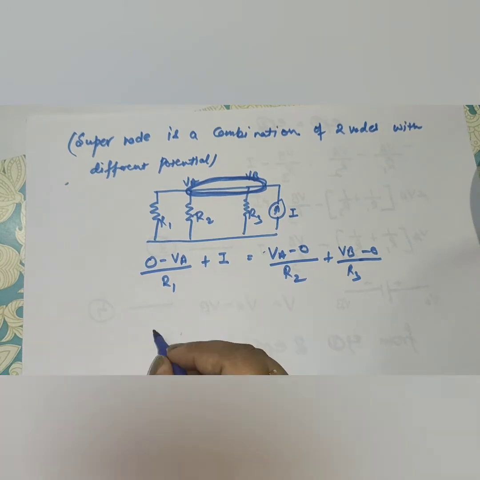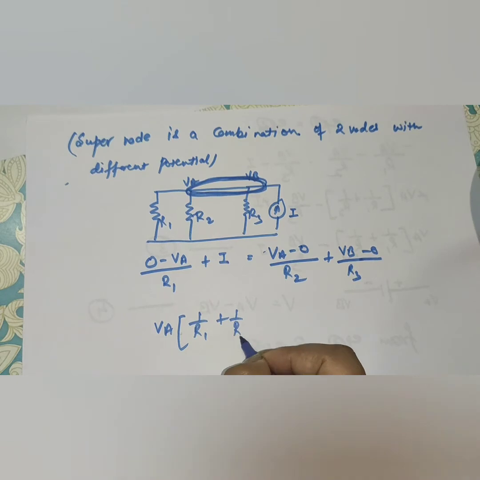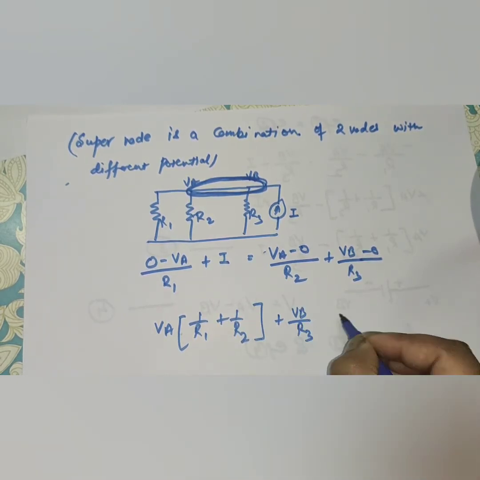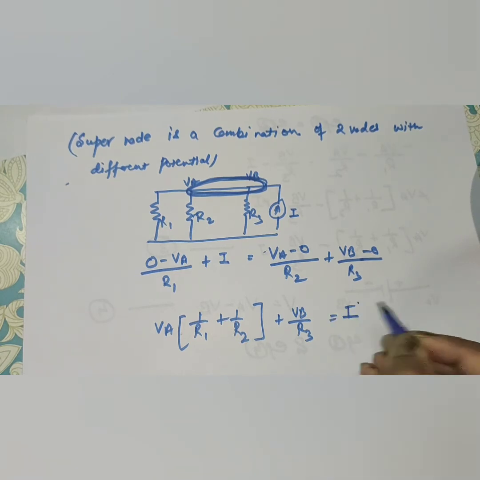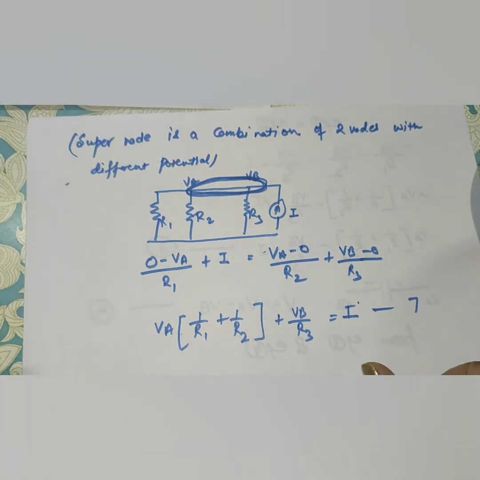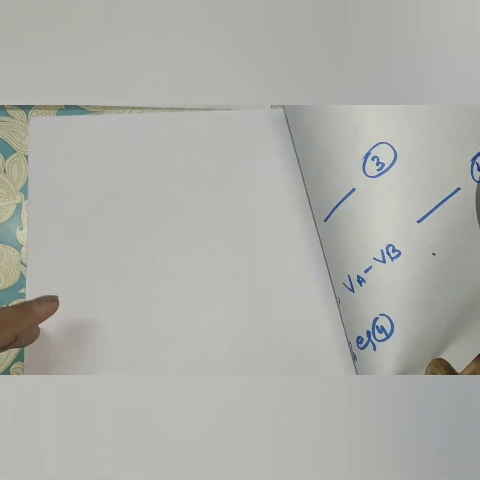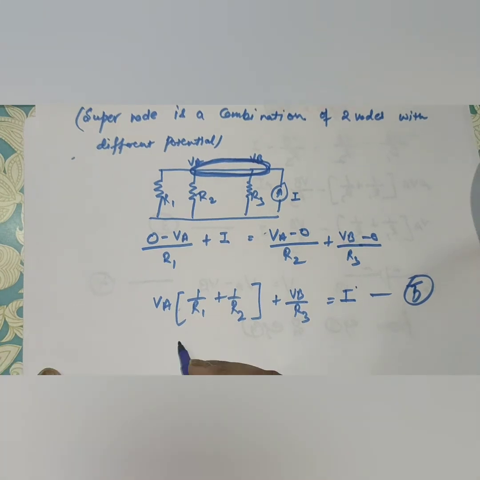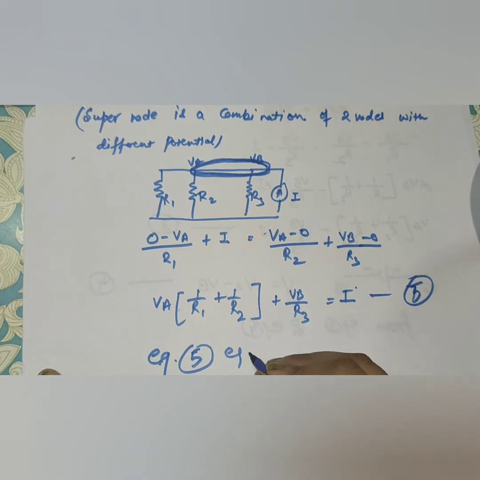At this condition you get VA times 1 upon R1 plus 1 upon R2 plus VB upon R3 equals I. This is equation number 5. You can check that equation number 5 and equation number 3 are the same.